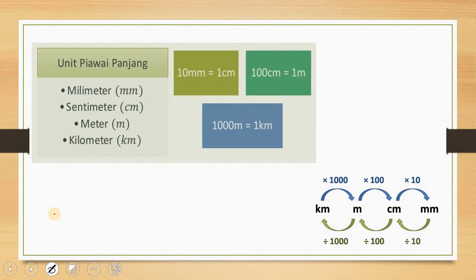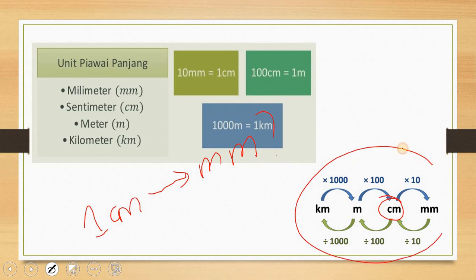So kadang-kadang dalam soalan objektif, they will ask you, what if I have centimeter? Contohnya 1 centimeter. So how many millimeter will I have? So benda ni you have to remember. Okay, kamu kena hafal.